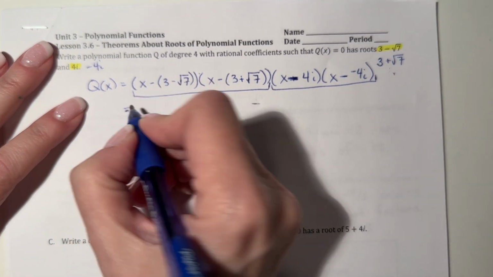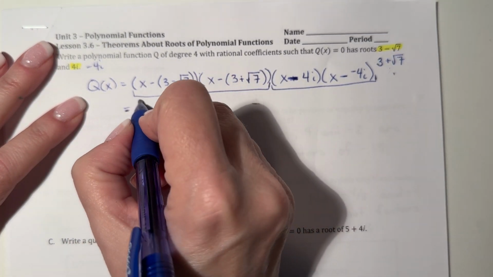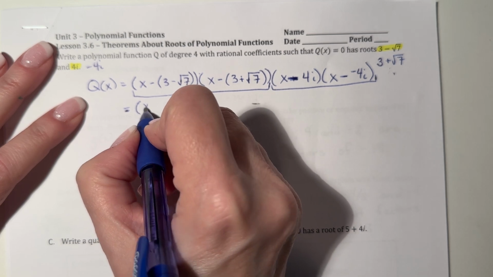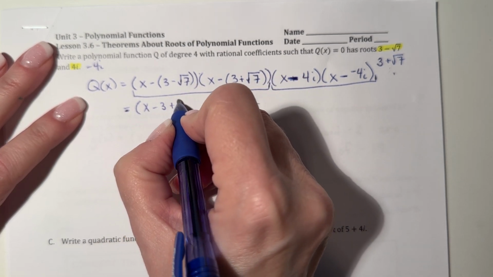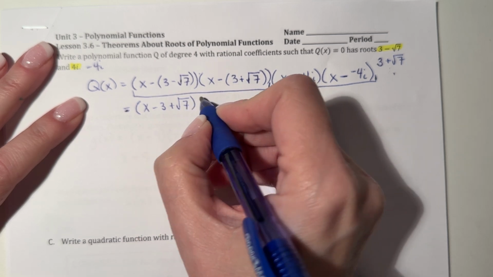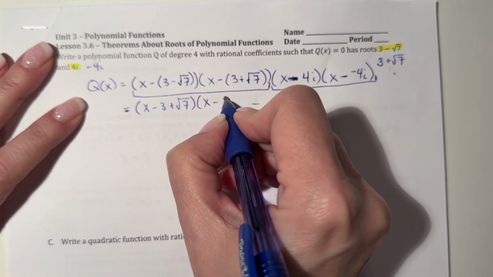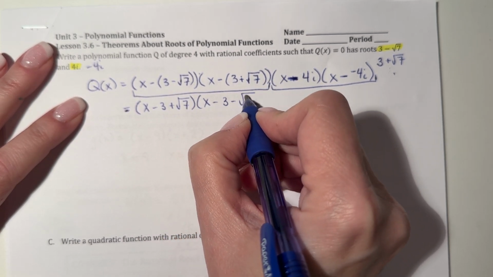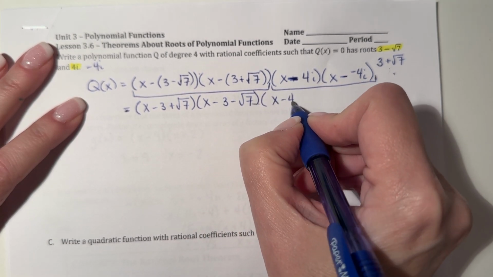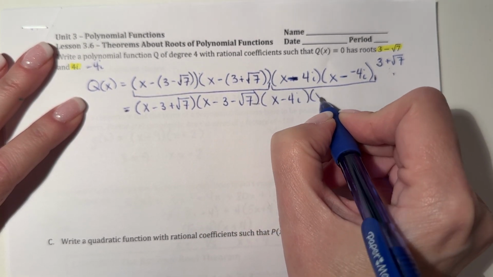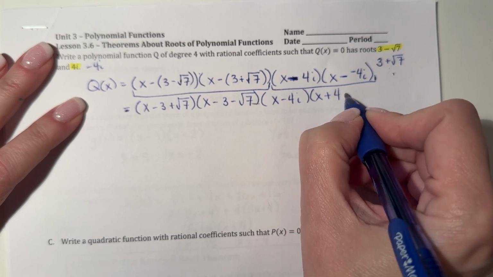Okay, so let's kind of clean things up a little bit. Let's distribute those negatives. So you've got x minus 3 plus the square root of 7. You've got x minus 3 minus the square root of 7. Over here, I've got x minus 4i, and I've got x plus 4i.